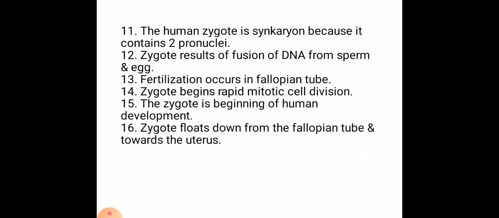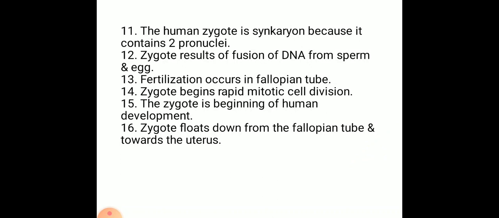Next, the human zygote is a synkaryon because it contains two pronuclei: one already present in the ovum and another nucleus that comes from the sperm, the male gamete. The zygote contains two pronuclei because it is diploid in nature, and the zygote results from the fusion of DNA from the sperm and egg. Fertilization occurs in the fallopian tube, and the zygote begins rapid mitotic cell division.